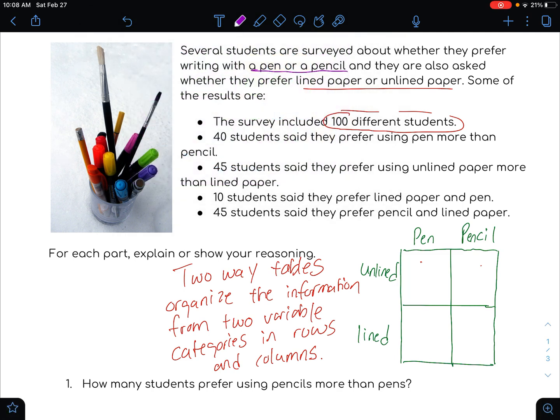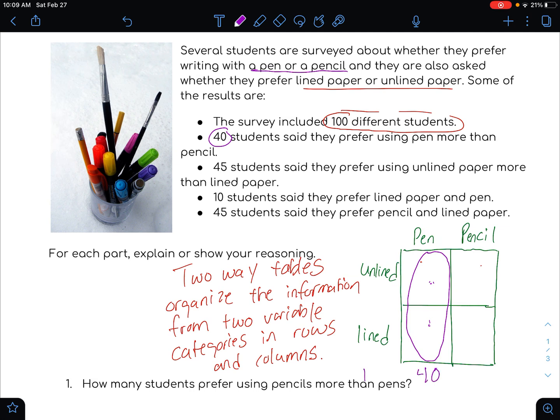40 students said they prefer using pen more than pencil. So 40 students like to do pen more than pencil. If we're thinking about where that fits here, it doesn't say whether those 40 students will be lined or unlined paper. It just says that they prefer pen more than pencil. So these two cells are going to give us a total of 40.